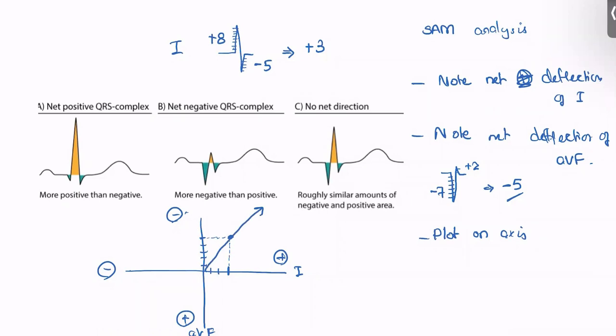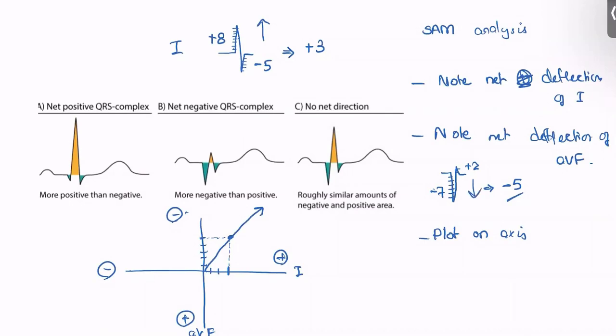According to the quadrant method, lead 1 is upright and AVF is downward, leaving each other, so it is left axis deviation. In this case, it also points toward the left axis. We can then measure the degree to know the exact cardiac axis. So that is the SAM analysis.